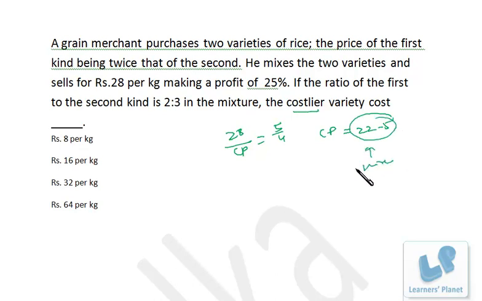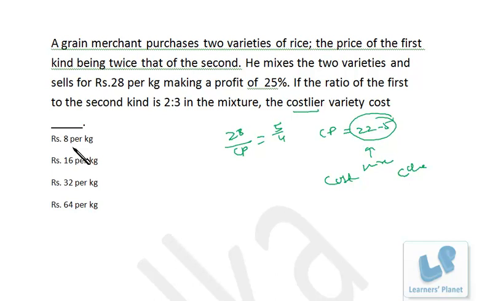Getting my point? That means this should be lying between the cost price of the costlier variety and the cheaper variety, obviously, because the price of the mixture will be between the costlier variety and the cheaper variety. Okay, now don't do anything, just go through the options, because all the data are very simple to calculate.